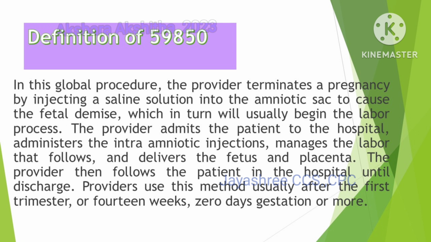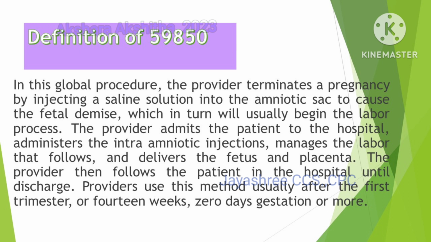So the provider admits the patient first into the hospital, then administers the saline by intra-amniotic injection, and the labor that follows delivers the fetus and the placenta. The provider then follows this patient in the hospital until discharge.